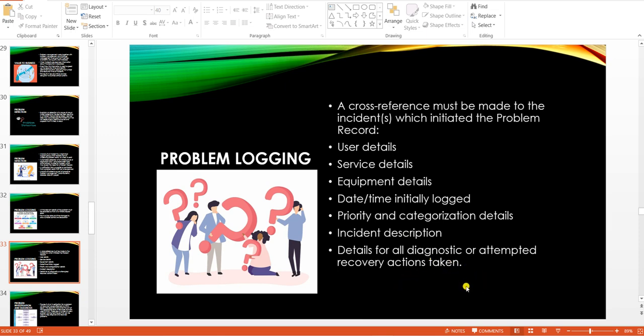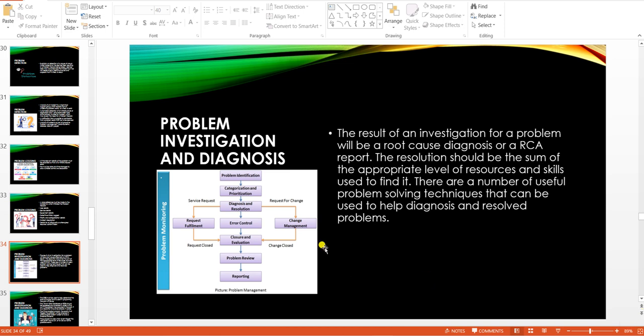So this is a record which consists of the problem logging details and in-depth analysis, and it allows the technical support group to have a thorough overview of the problem itself.